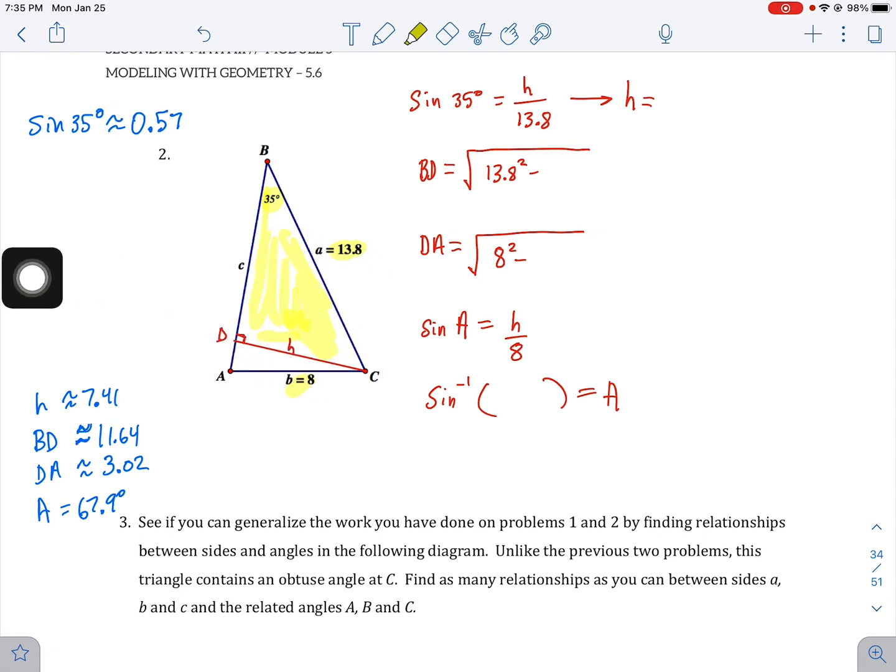Therefore, h is equal to 13.8 times the sine of 35 degrees. And when I plug that into the calculator, I get h as approximately 7.41.